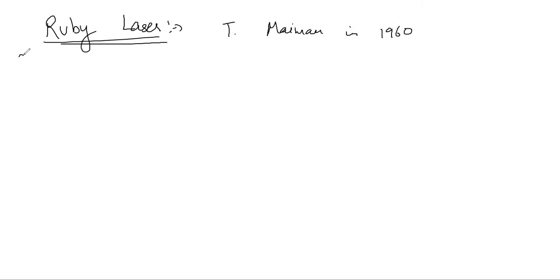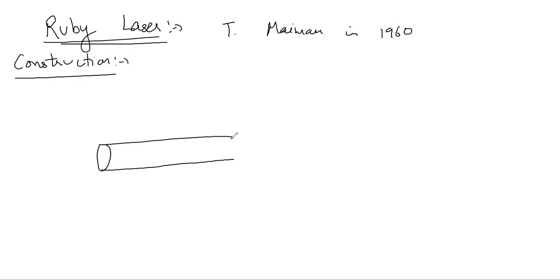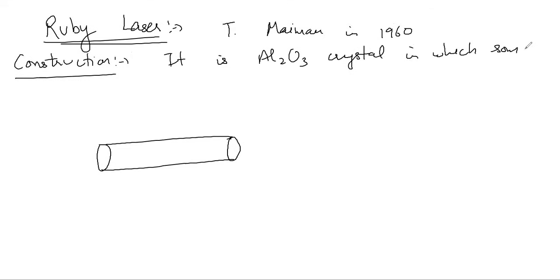If you talk about the construction of this ruby laser, you have a ruby rod. Ruby rod is nothing but an aluminum oxide crystal, and in this crystal some of the aluminum ions are replaced by chromium ions.